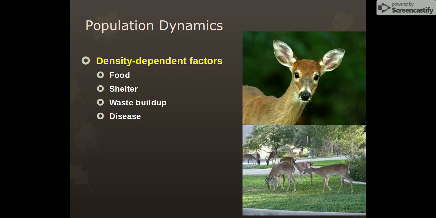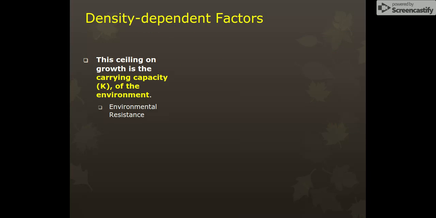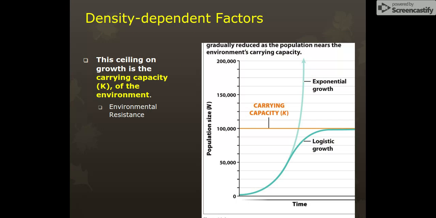And then disease. The more organisms there are in a population, the easier it is for disease to spread through that population, get individuals sick, and kill them. So these are our major density dependent factors, things that are impacted based on how many organisms there are in the population.